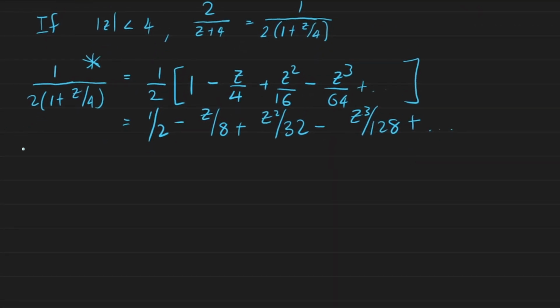So our original function, which is z over z plus 2 times z plus 4, is equal to 2 over z plus 4 minus 1 over z plus 2.